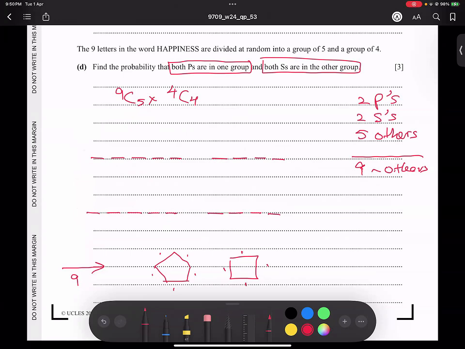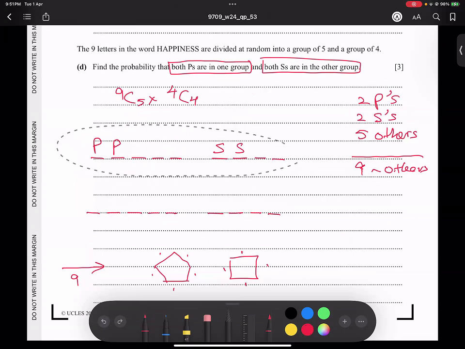Okay, if both P's come here, and then what to do? Naturally, both S come here. Common sense, two P's are reserved there and two S's reserved here. They cannot come together. So out of 5, now 3 positions we have to reserve. Like 5 things are there. So these 3. So how to answer?